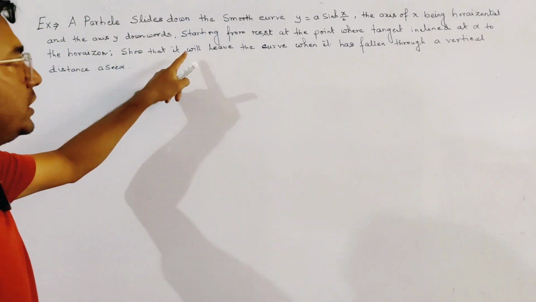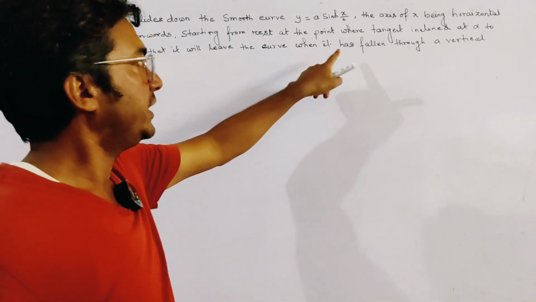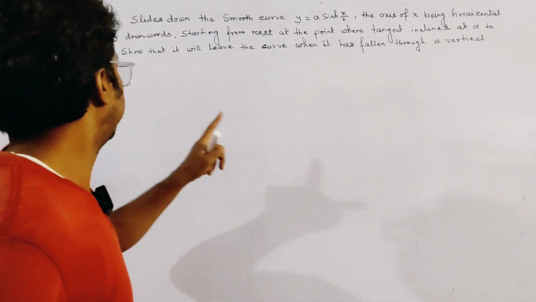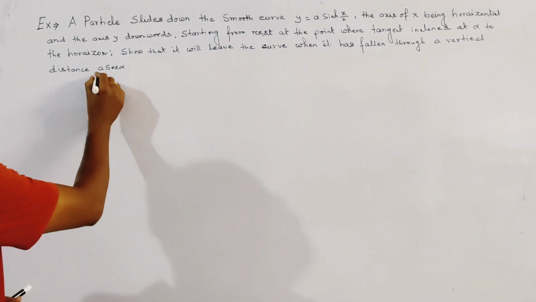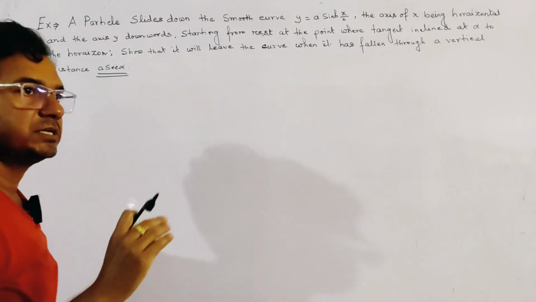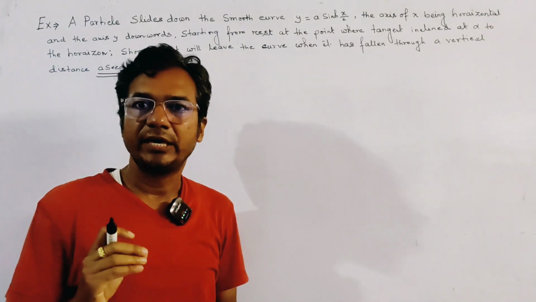Prove that it will leave the curve when it has fallen through a vertical distance a sec alpha. We have to prove the vertical distance the particle has fallen is a sec alpha.